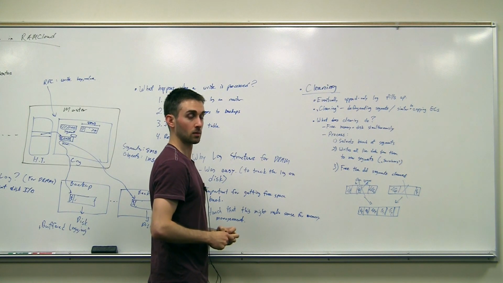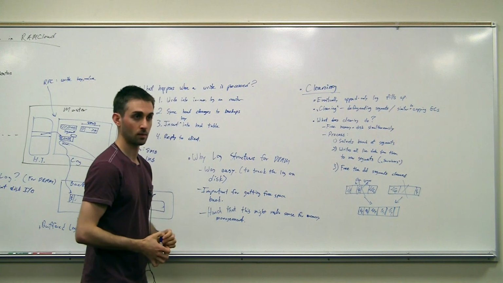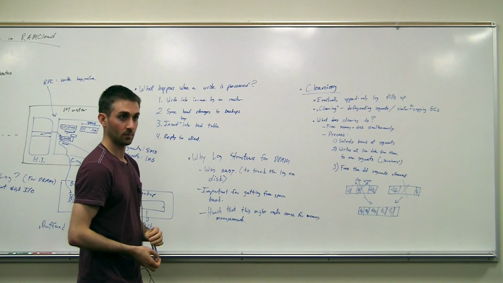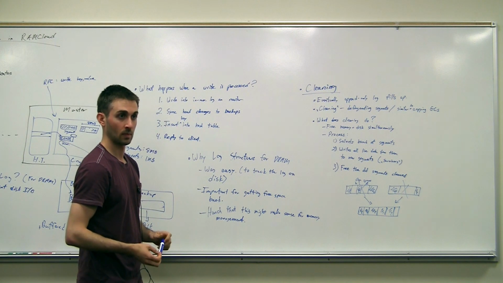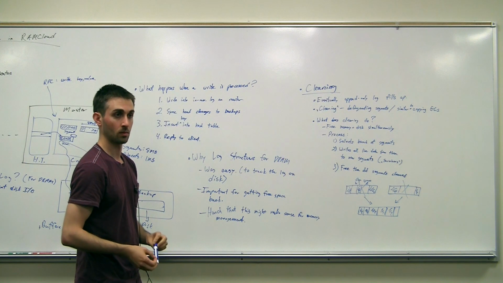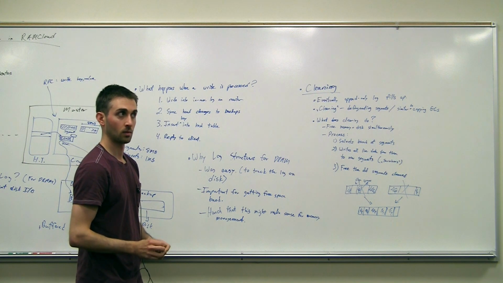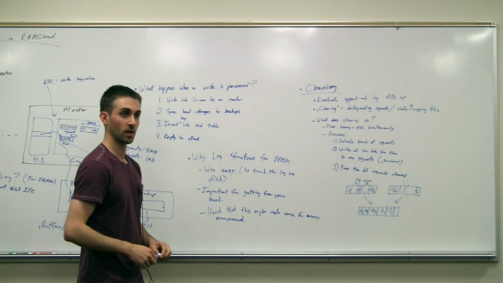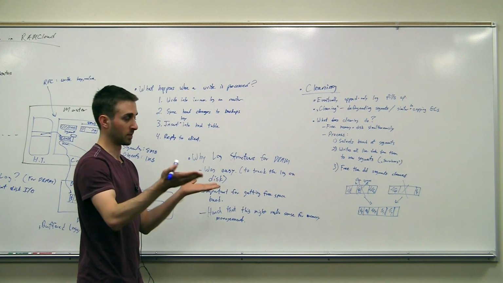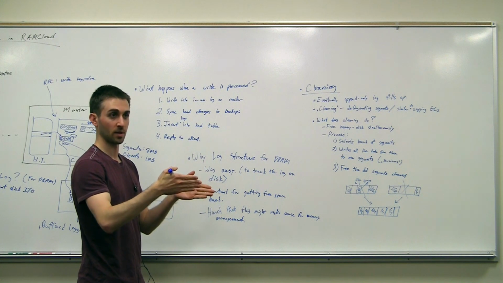Also, you would be cleaning just parts of the log that are not necessarily contiguous. Correct. So when we clean, we're not cleaning contiguous pieces of the log. I mean, beyond what's contiguous in that 8 megabyte chunk.